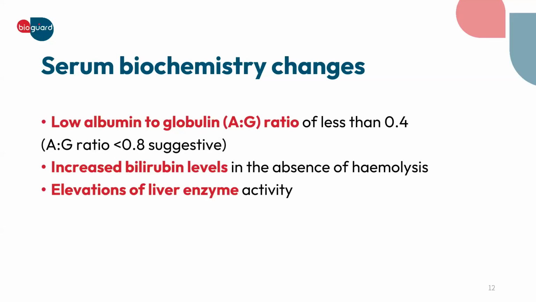If it is observed to be less than 0.4, then it can be suggestive of a case of FIP, because the normal level is less than 0.8, not less than 0.4.